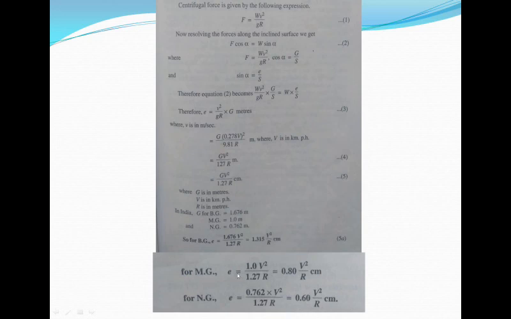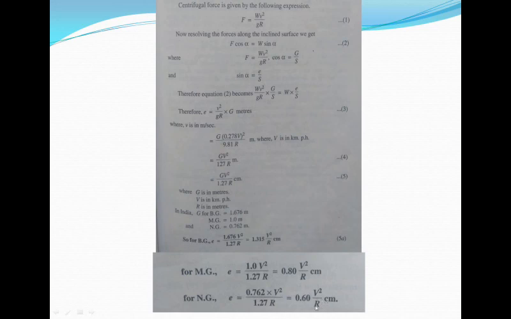Next, for a meter gauge track, E is equal to 1 into V square divided by 1.27 into R, and it is equal to 0.80 V square divided by R centimeters. For a narrow gauge track, E is equal to 0.762 into V square divided by 1.27 into R, which is equal to 0.60 V square divided by R centimeters.